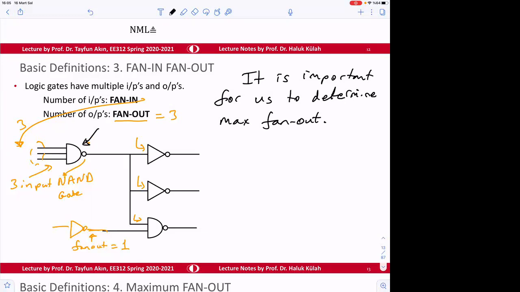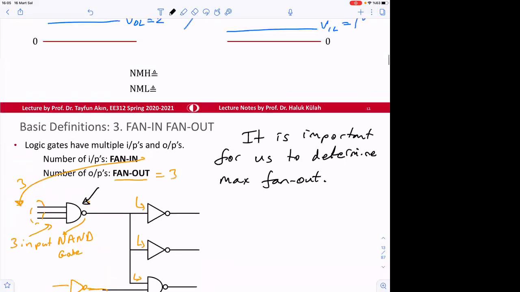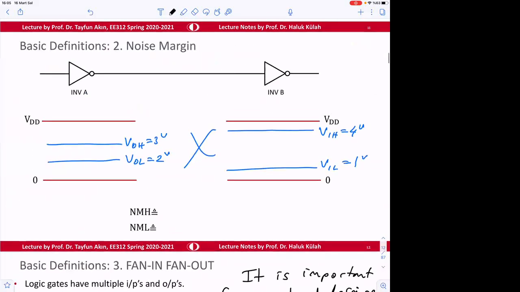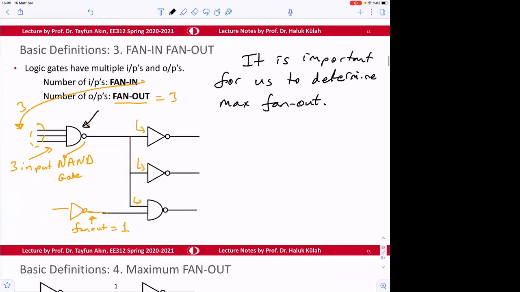If it is less than that, that's no problem. We can say that this NAND gate can drive 10 gate inputs. If we connect 1, that's no problem. But if we connect 11, it won't satisfy the noise margins, for example. It won't satisfy the operation.